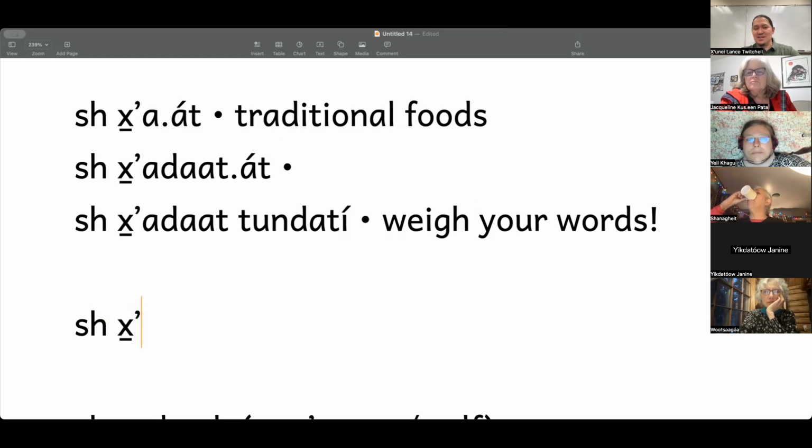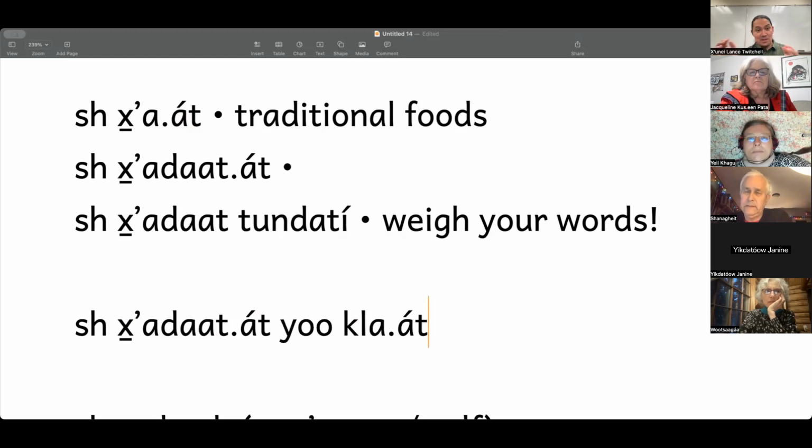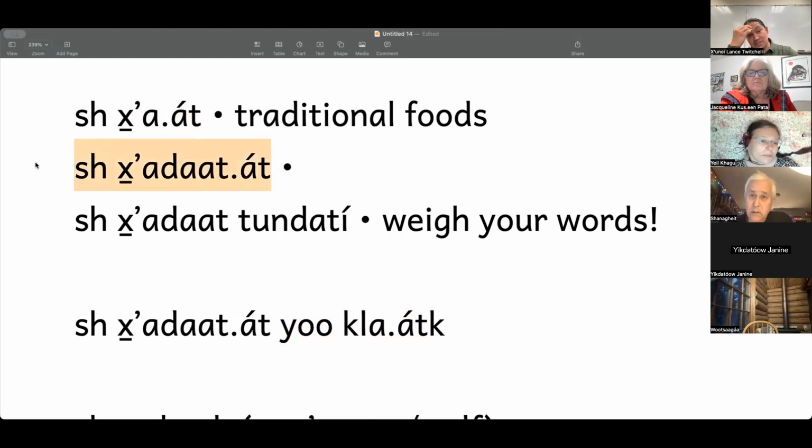And I think he said shkadat at yuklaat or something like that. So like that's the verb you can use. And it means to like yuklaat, to pack, to carry personal items or belongings. So there's a bunch of stuff going on here with this term, but for now, shkaat and shkadat at. And when we had language gatherings last summer, it was Kenny Grant who was bringing this term up and wanted us to talk about it.